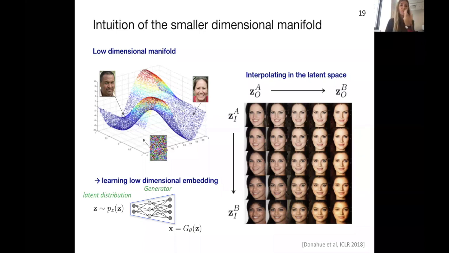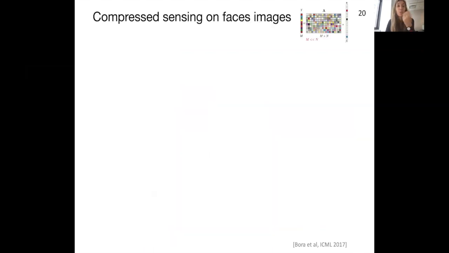And so we have this intuition now that if we have a good low-dimensional representation of our data, we should be able to exploit that in inverse problems. And so we can go back to this compressed sensing problem that I was telling you about. I'm just putting back the little sketch where we have y, a vector of observations we will have access to, and we will try to go back to the x that generated those observations, knowing that y is much smaller than x.